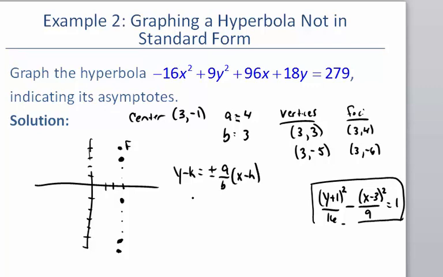And let's plug in our values. So in our y parenthesis, remember that it's y plus 1. So that's going to be the y minus k part. The a over b will be 4 over 3. And our x parenthesis was x minus 3. And so here are the equations for our asymptotes.